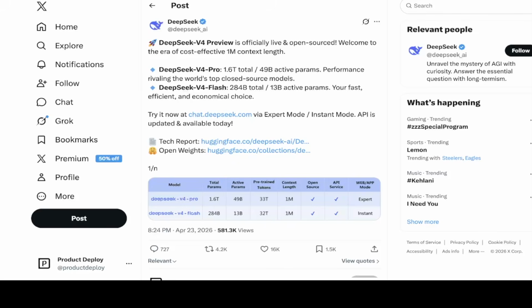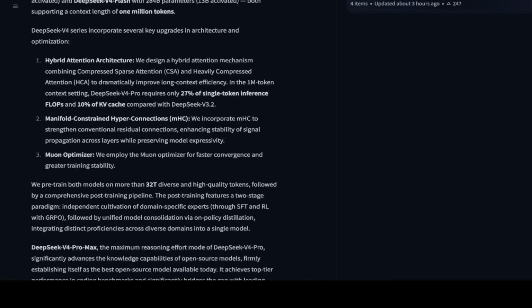If you want to know more about the DeepSeek V4 release, you can go to the x.com announcement. You can see there's a technical report, there's open weights, and you can click this link to take a look for the implementation architecture. So if you go to the Hugging Face, you can see the DeepSeek V4 has three major changes or key upgrades in architecture and optimization. The first is hybrid attention architecture.